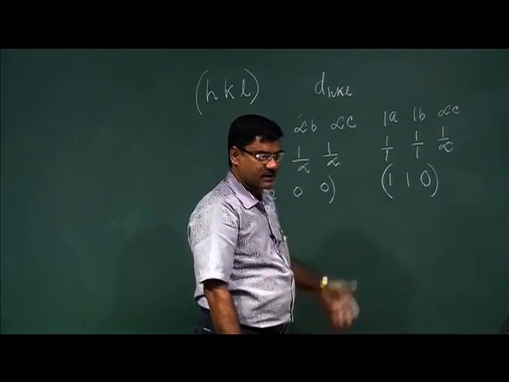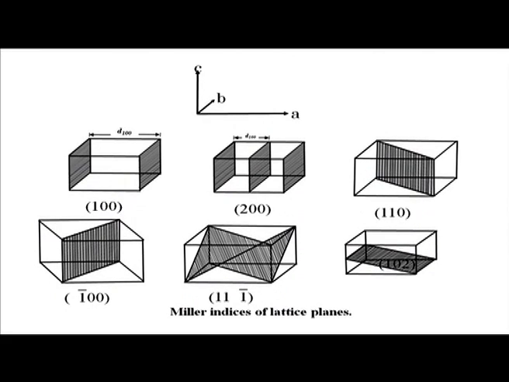So, a bar. Okay. This way we represent the different planes of the crystal, and one can find out the Miller indices of these planes.